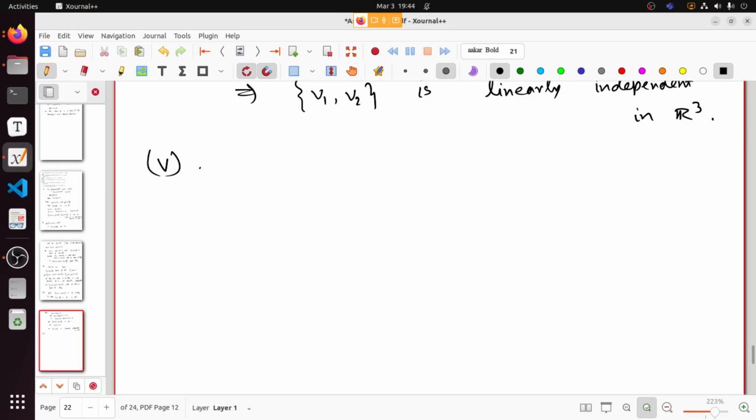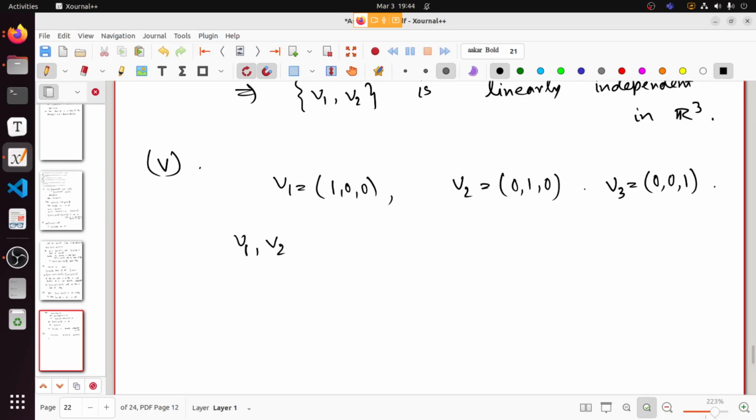So let's do it. Take V1 to be 1 0 0 and V2 to be 0 1 0 and V3 take 0 0 1. Then we have already seen that V1, V2 does not belong to U and V3 belongs to U, right?